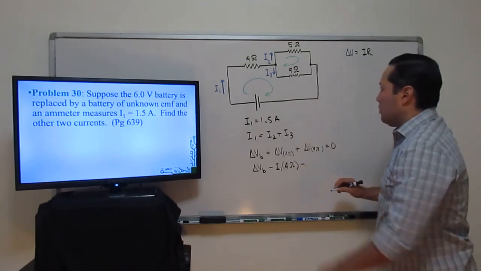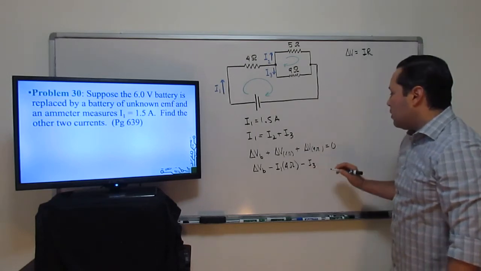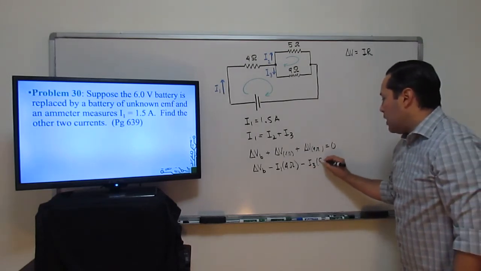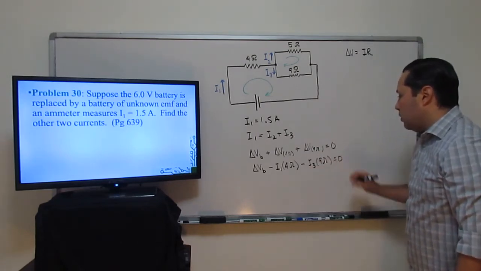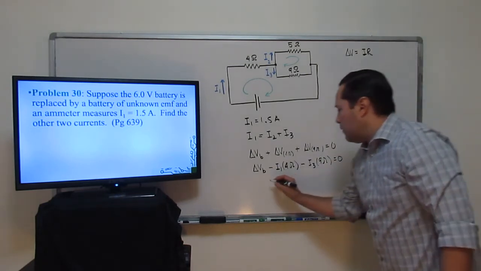And for this one it's going to be negative I3, which we do not have, multiplied times the 9 ohms, and that equals 0. All right, so we can flesh this one out slightly, leave out the delta V here.